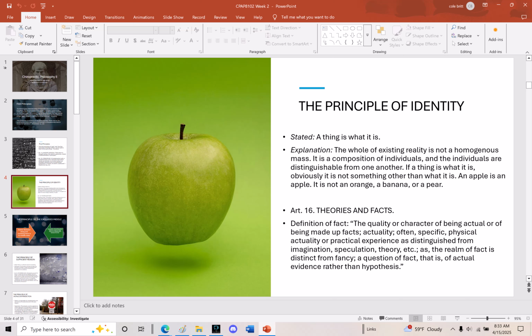What Stevenson is saying here about theories and facts is much like what McInerney is saying about the principle of identity. When we're talking about facts in the world, we're talking about things as they actually are, not ideas about them that come out of our imagination. They're not speculation. They're not hypothesis. It is as it appears to us. Okay?